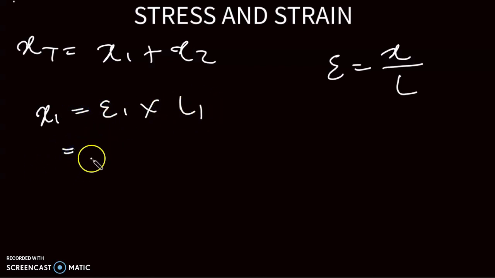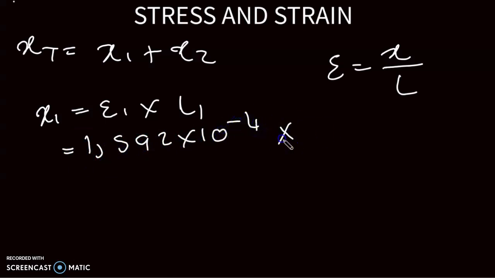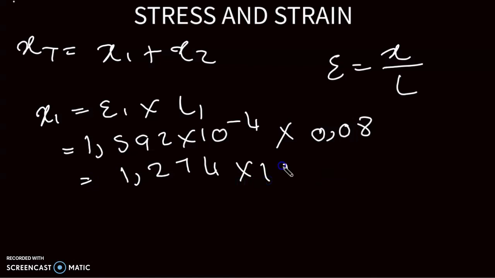And then our strain number 1, we got it as 1.592 times 10 to the power negative 4 times our length, which will be 0.08. This one we are given. And then I calculated here and got my answer as 1.274 times 10 to the power negative 5. This is in meters. And then we go to calculate change in length number 2.